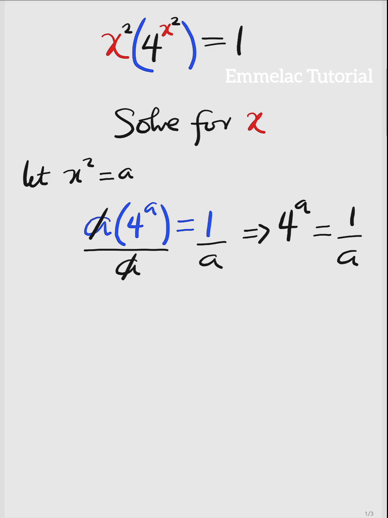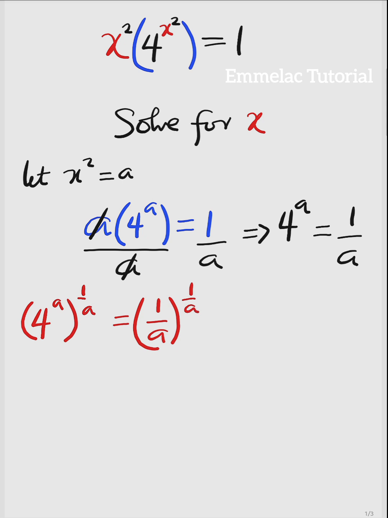All we just need to do is to raise both sides of this equation by the reciprocal of a. Okay, so this becomes (4^a) all raised to the reciprocal of a, equals (1 over a) all raised to the reciprocal of a.